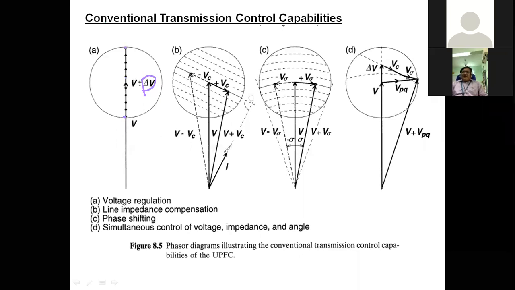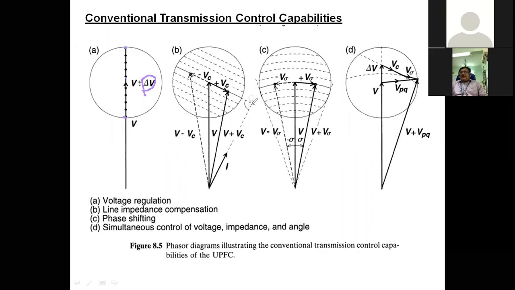Then coming to the second diagram, here the voltage is maintained by injecting a voltage which is in quadrature with the current. So here you can see that the current you have to consider. So it is at an angle. The voltage injected is at an angle of 90 degrees with respect to the current.